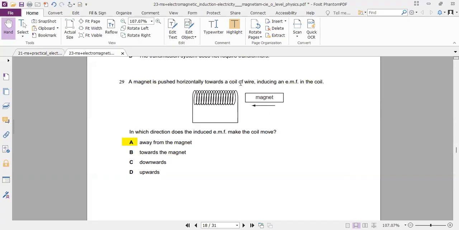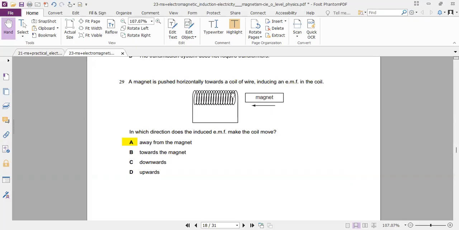The magnet is pushed horizontally and induces an EMF. In which direction does the EMF make the coil move? It wants to move away from the magnet. Why is this? Read about Lenz's law.